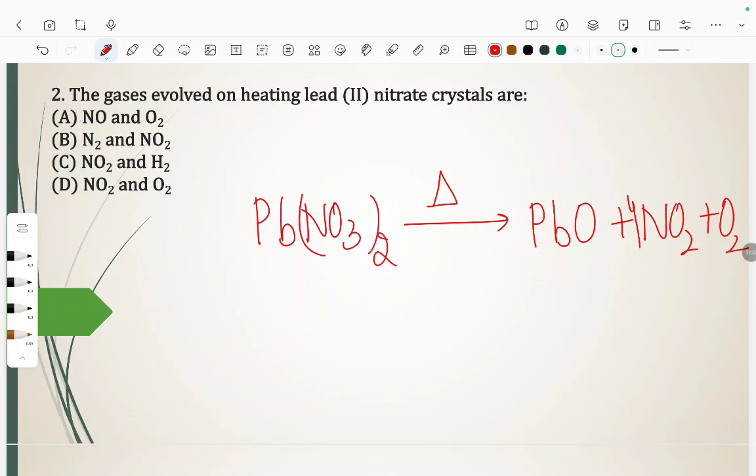We can balance it also, like 2, 4, 2 and 1. So the products NO2 and O2 are in option D. So D is our correct option.